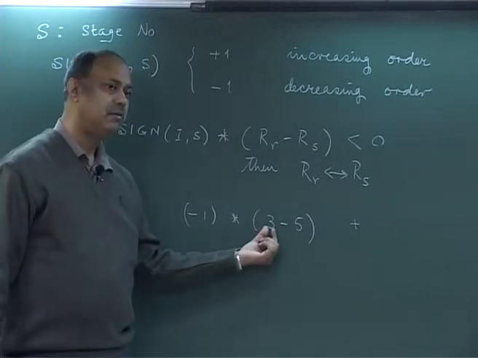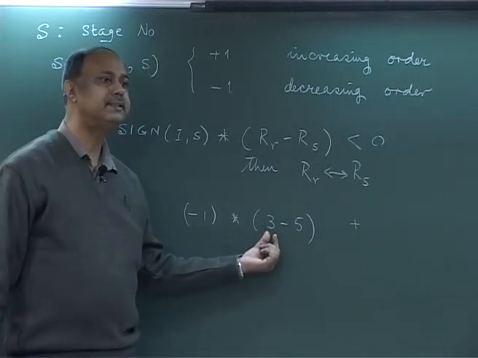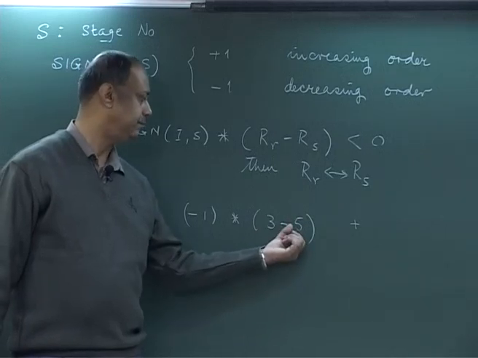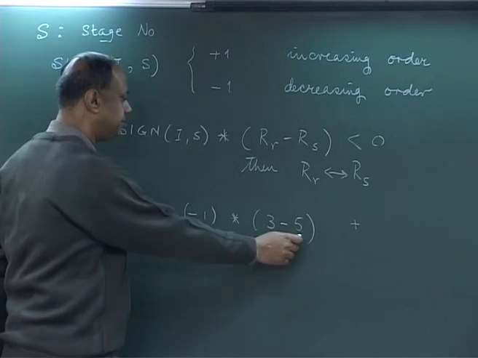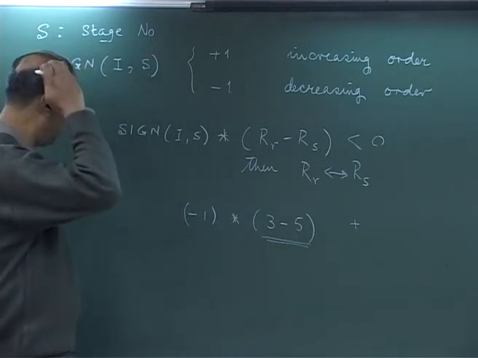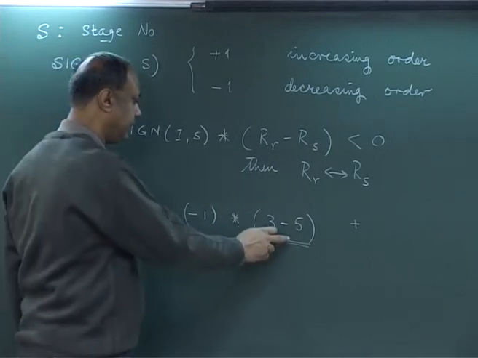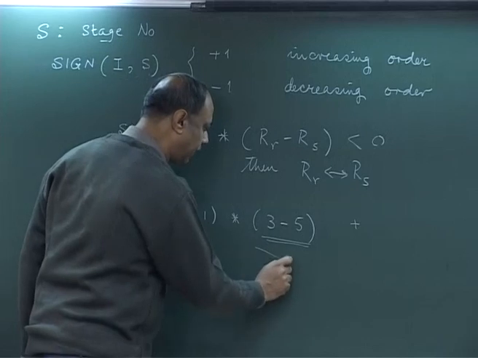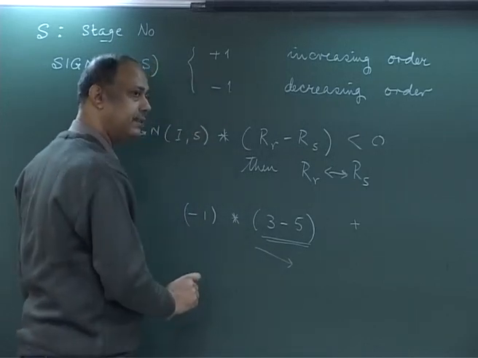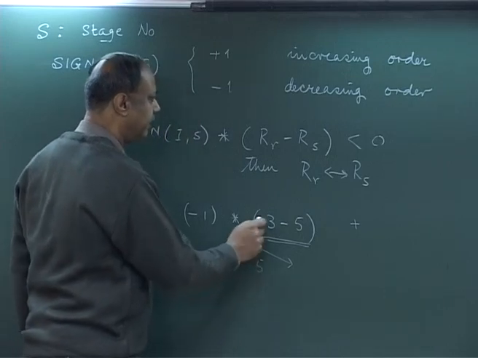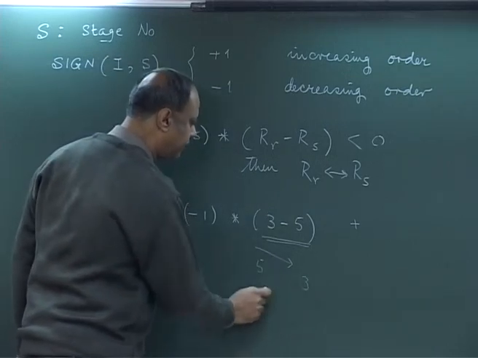So, you are going to arrange them in decreasing order, so 5 should be kept in your area and 3 should be sent back.